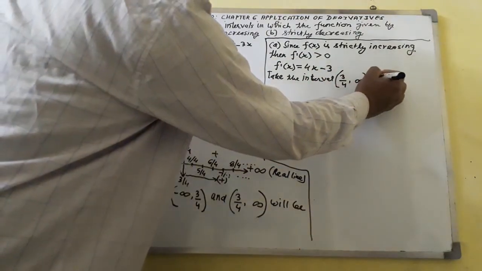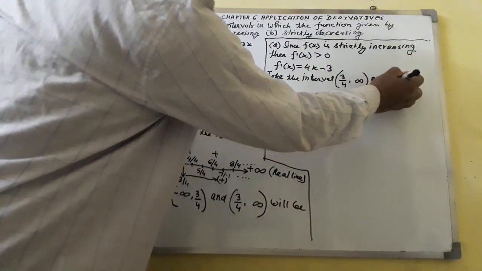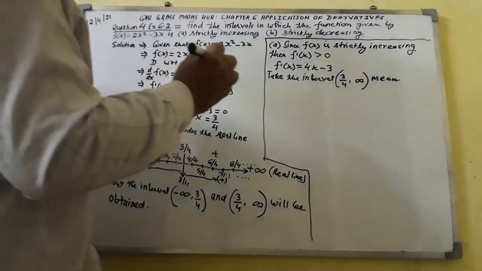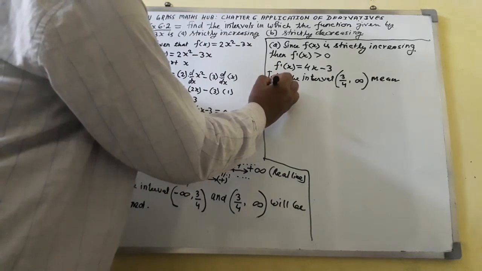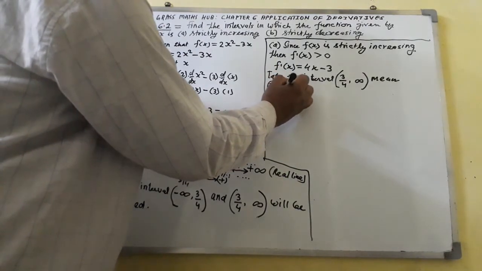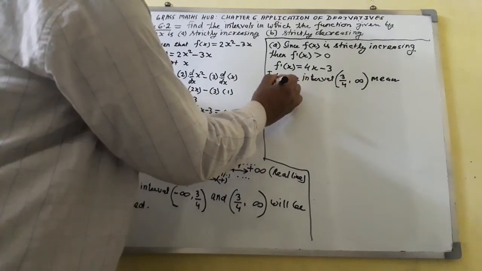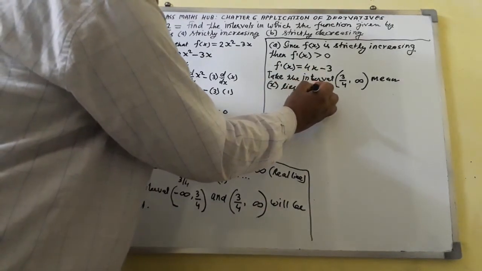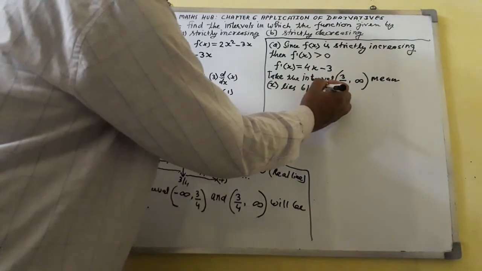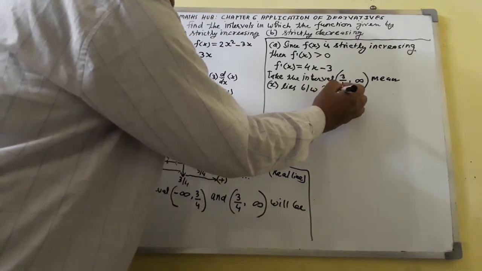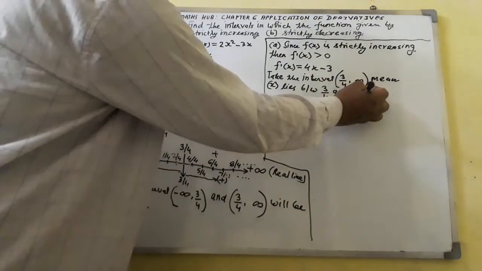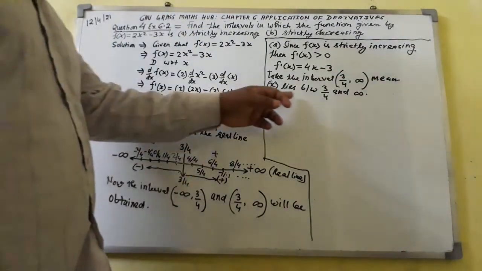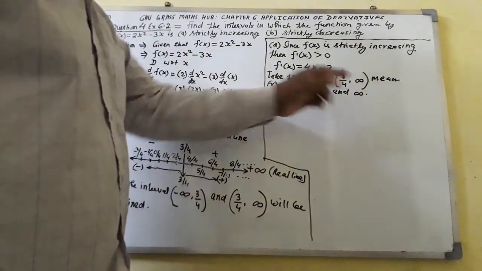Means x lies between 3 over 4 and infinity.